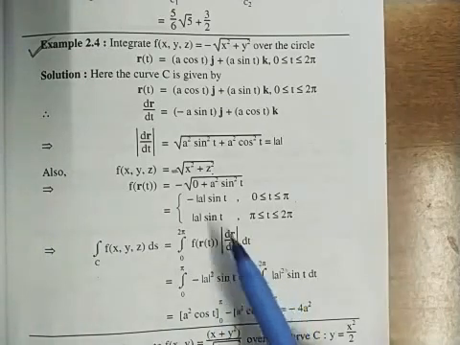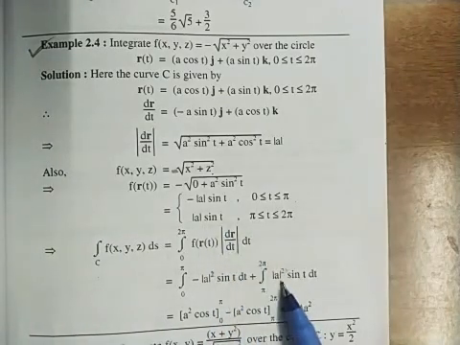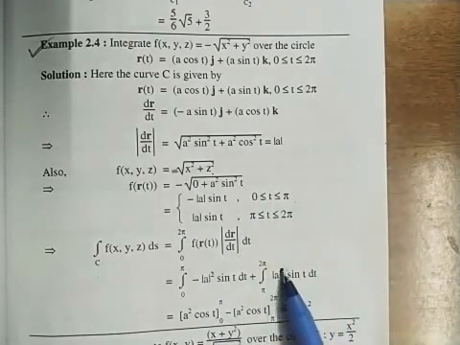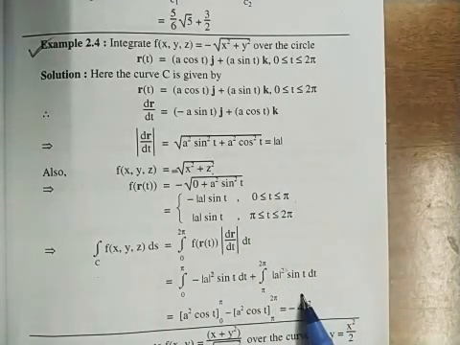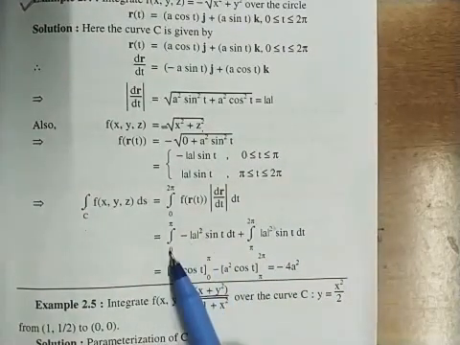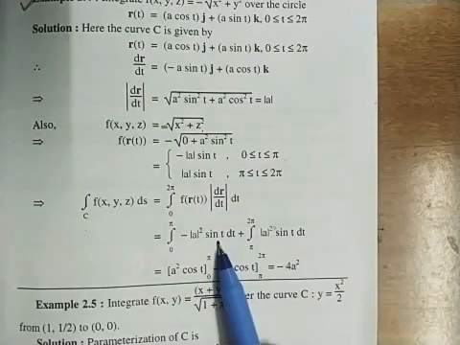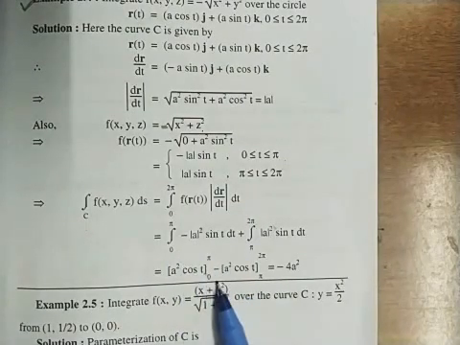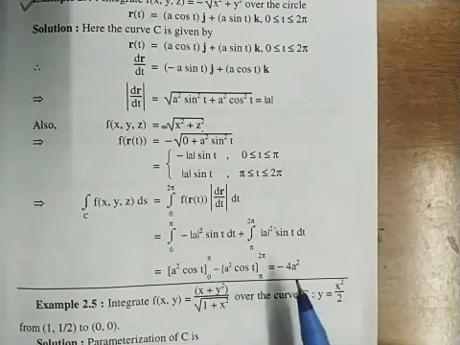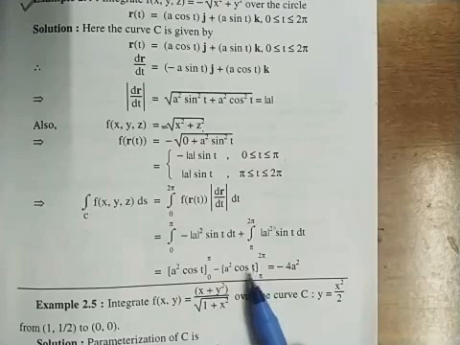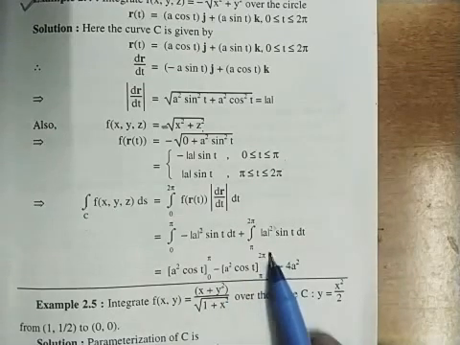Plus, here again f of r of t is a sin t, and dr by dt is mod a, so again the square of mod a. After integration, the integral of minus sin t will be cos t, so it is a square cos t from 0 to pi. Again, the integral of sin t is minus cos t, so here minus a square cos t with limits pi to 2 pi.